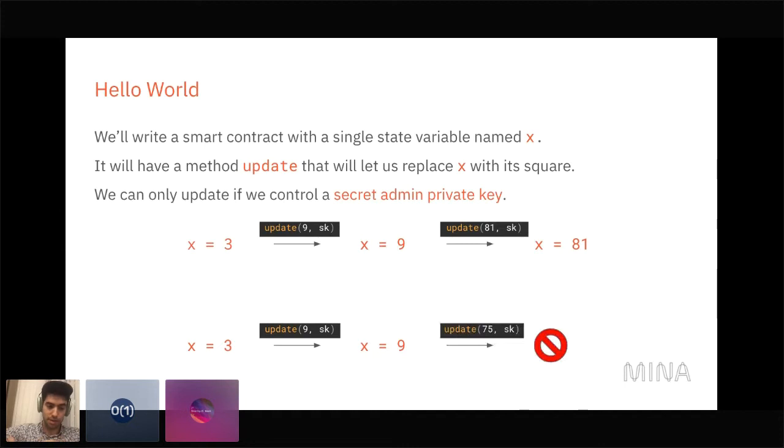The transaction won't be accepted to the network. The proof is impossible to create. So if you try and pass any arbitrary data, your transaction will fail, which is what we want. We want this smart contract to only accept updates of squaring.